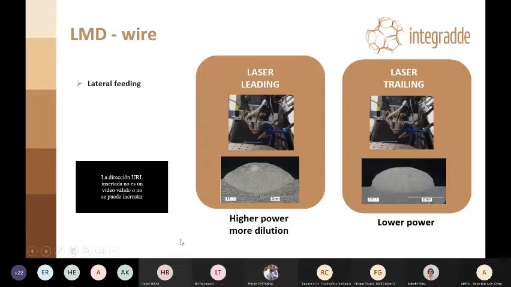For example, for laser leading, we have more dilution because we need also higher power. And for laser trailing, we need lower power, and the dilution is good, but it's not so high as when the laser is leading.